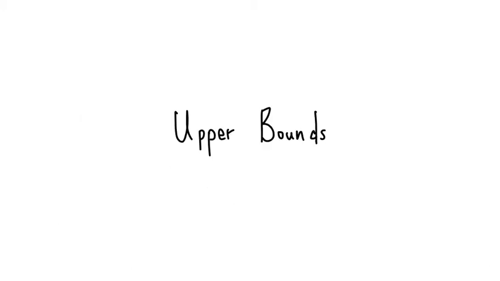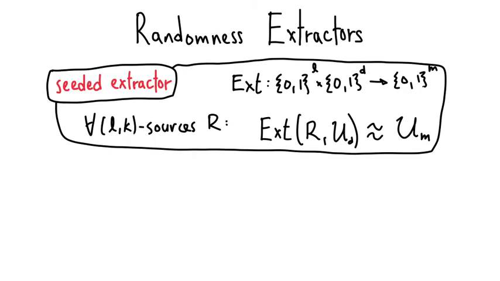I want to turn now to how our upper bounds work. Again, we are going to need some preliminaries. We need to know about randomness extractors. The literature on randomness extractors is where this concept of an entropic source, these L-k sources, comes from. So what are randomness extractors? A seeded extractor is a deterministic function that takes as input an L-bit source and a short random seed of length d, and outputs something.